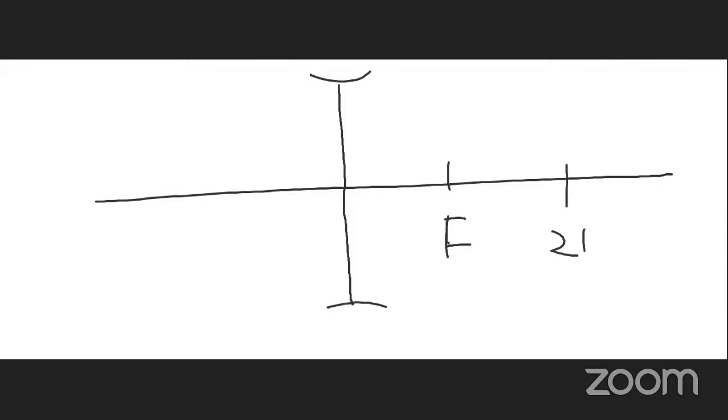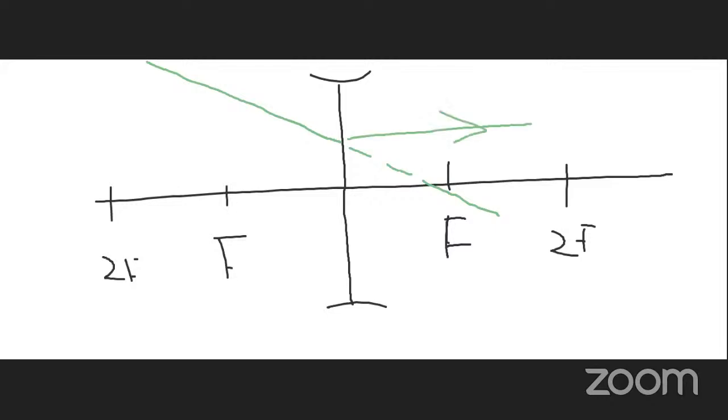This one is twice F, this is F, and then this is twice F. For this one, a ray that is to pass through the far principal focus, we imagine a ray is to pass through the far principal focus like that. This ray is going to be refracted parallel to the principal axis.